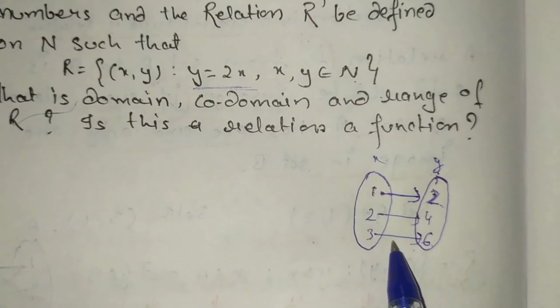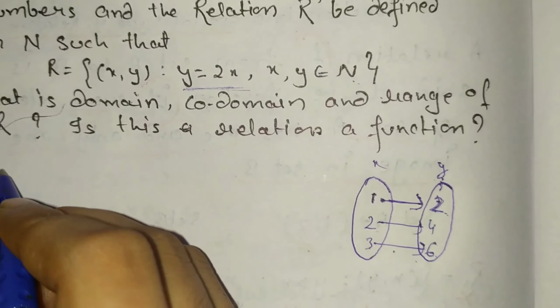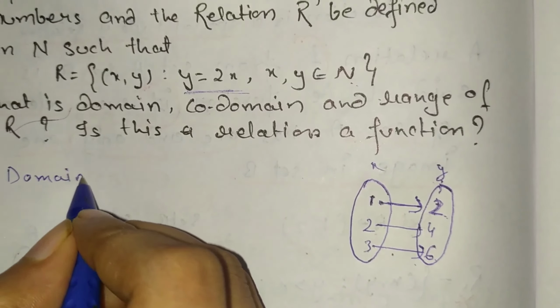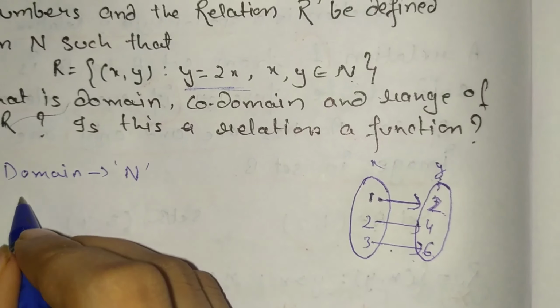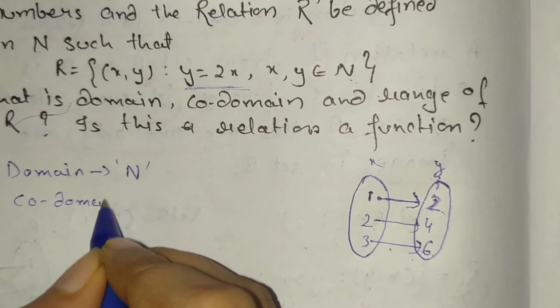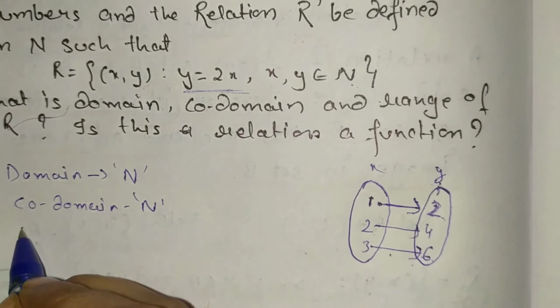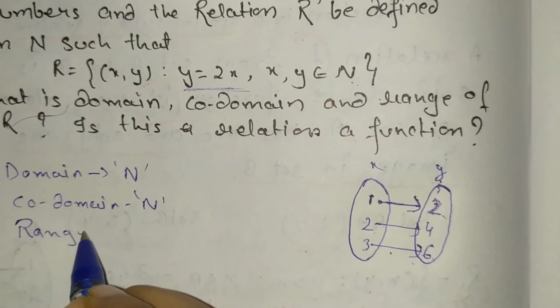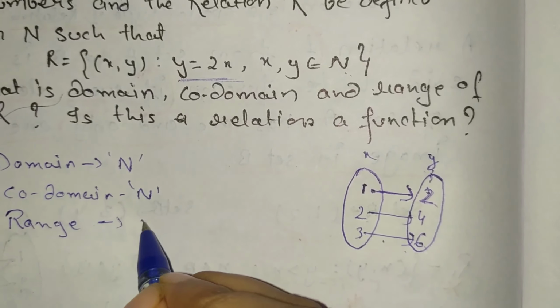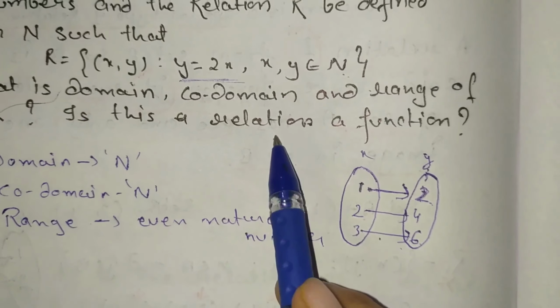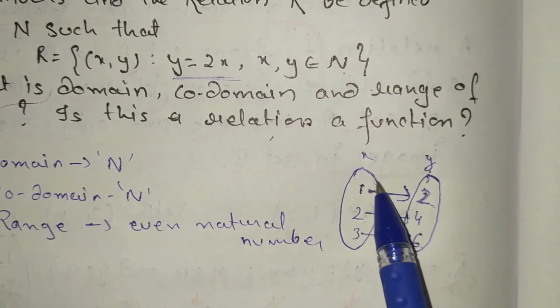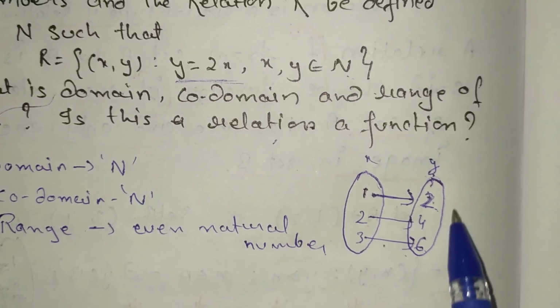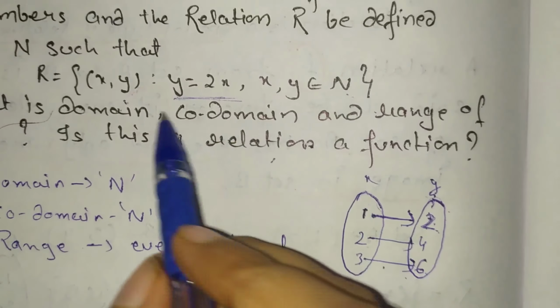So in this we can say that domain is the natural numbers and codomain is also the natural numbers, as well as range is the even natural numbers. Now since we can see that each element of one set has one and only one image in the other set, therefore this relation is called a function.